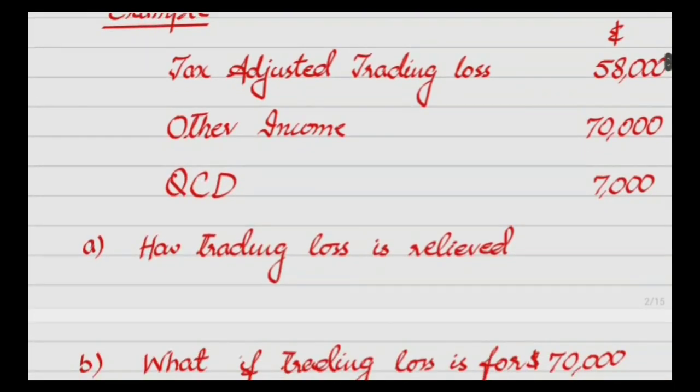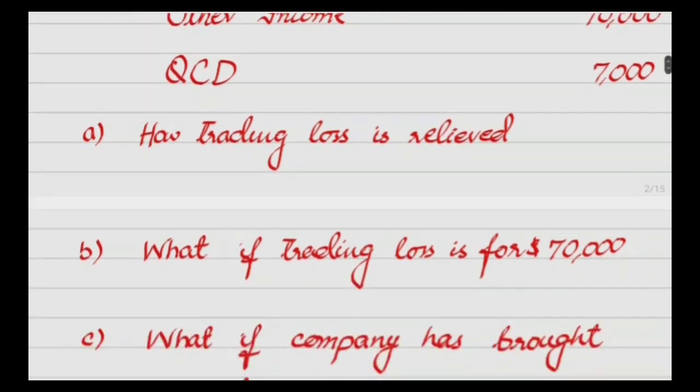Now see an example. There is a tax adjusted trading loss of £58,000, other income is 70,000 and QCD is given as 7,000. How is the trading loss relieved? It is a simple situation. You have other income of 70,000, and this other income will reduce the loss. First you record the other income, 70,000, and then you deduct the loss of 58,000.